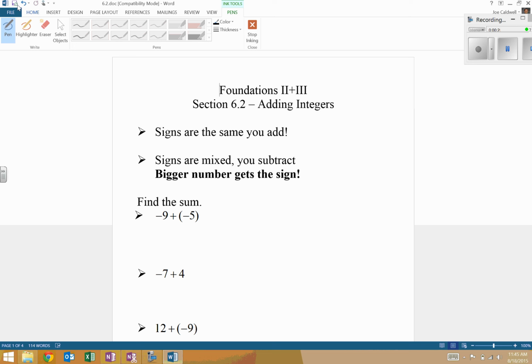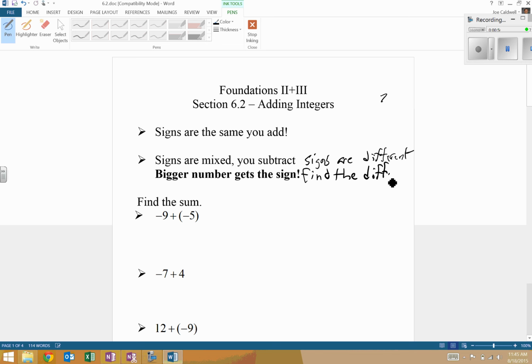If the signs are mixed, just subtract the two, find the difference of the two. So I like to say if the signs are different, find the difference.